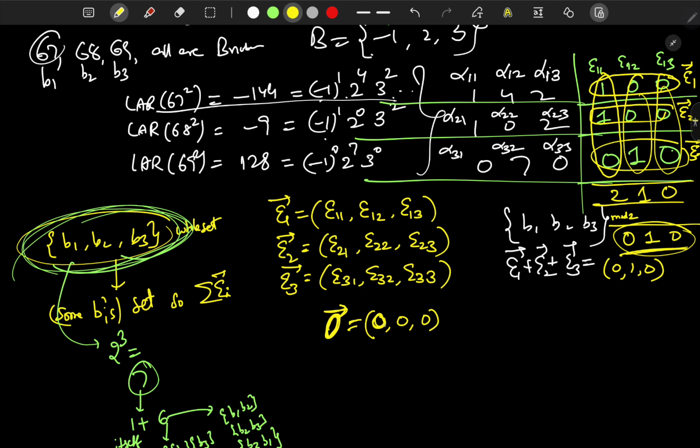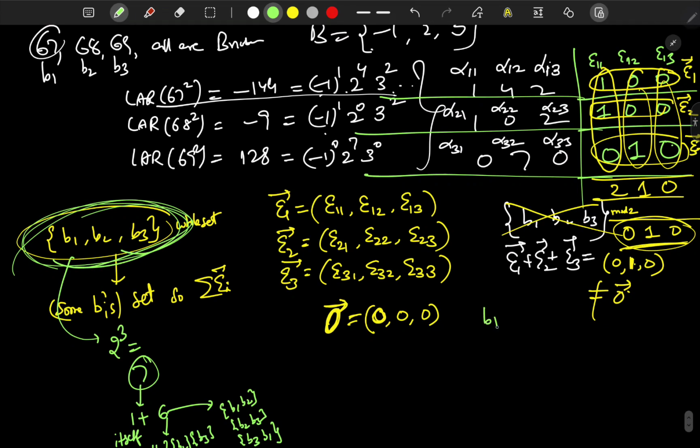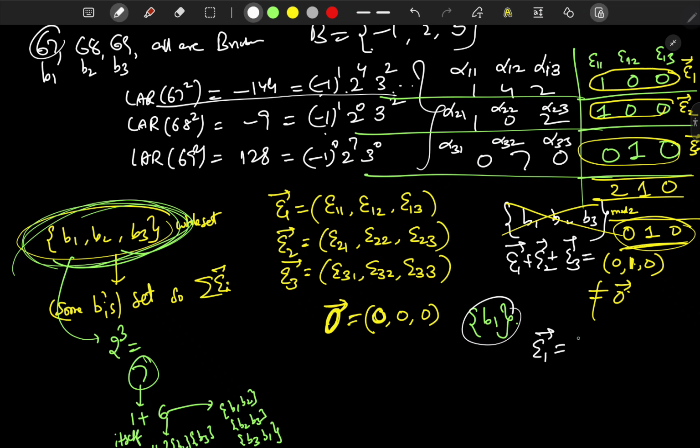But are all of these 0? No, because the middle one is not equal to 0. Therefore this set is discarded, meaning we are not selecting it. The next step is to select B1, the singleton B1. If I select B1, what is the value of the epsilon 1 vector? It is 1 0 0 0.